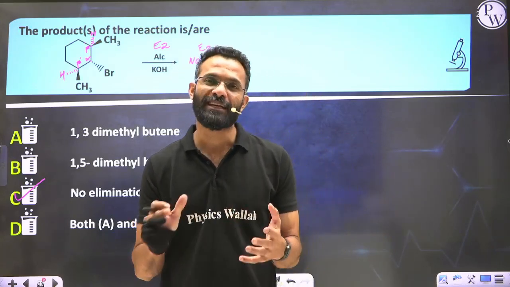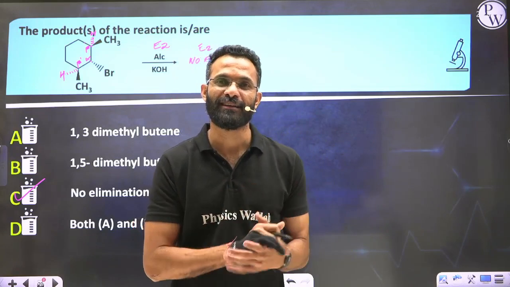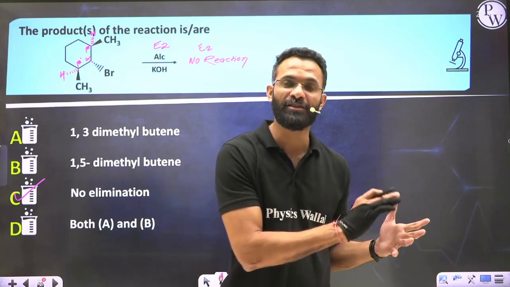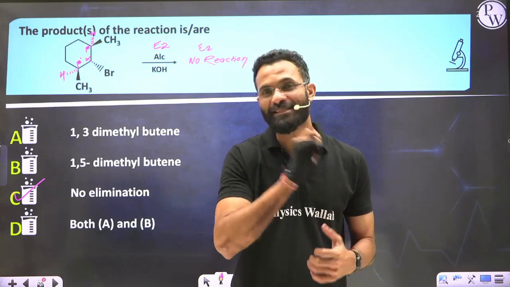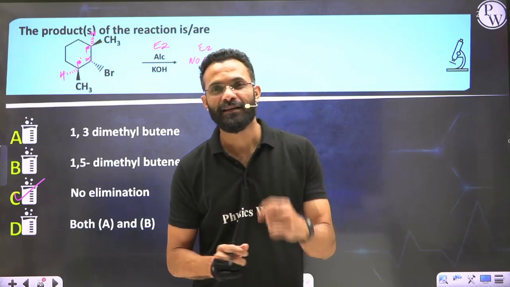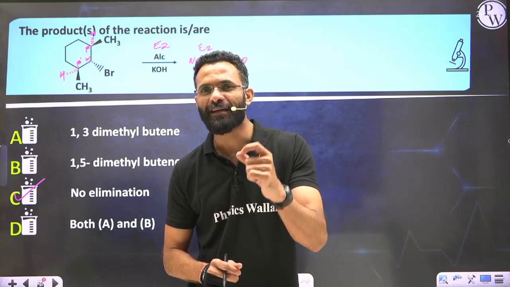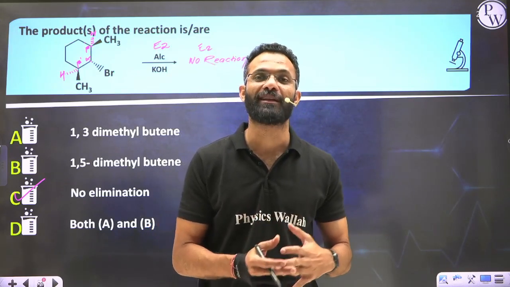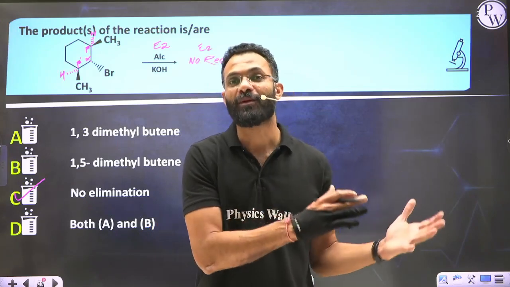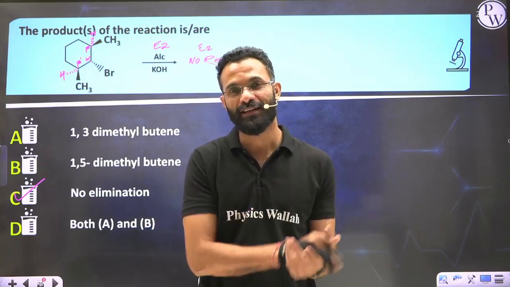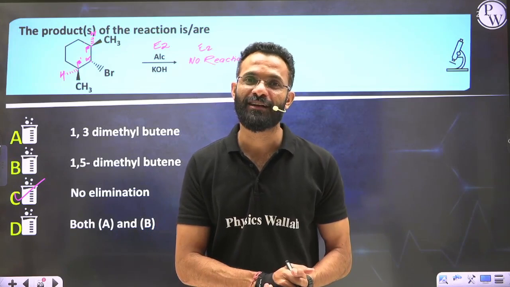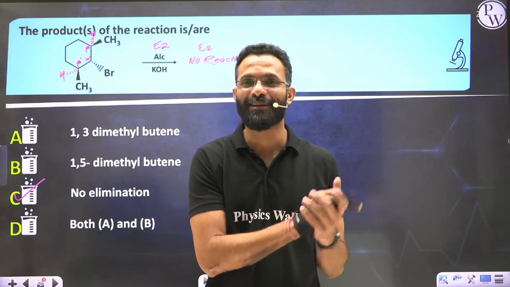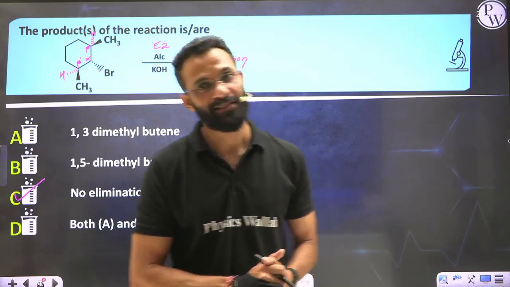In most cases, the Saytzeff product is the major product and the Hofmann product is the minor product. But we said earlier that under certain conditions, the Hofmann elimination product can also be obtained as a major product. So the question arises, what are those conditions under which the Hofmann elimination product, although the less stable alkene, is obtained as a major product?